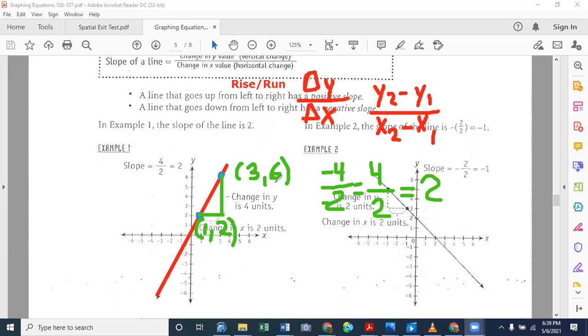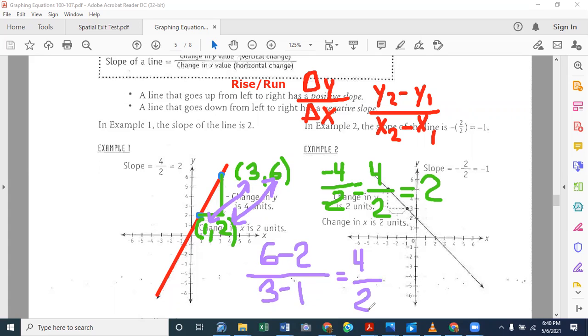I would take the 6 minus the 2, that's the change in y, that's my y2 minus my y1, 6 minus the 2 on the top, and on the bottom, I would do my 3 minus my 1. Those are my two x values, 3 minus 1. So 6 minus 2 is 4, and 3 minus 1 is 2.